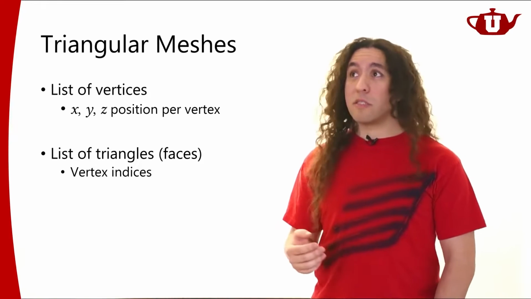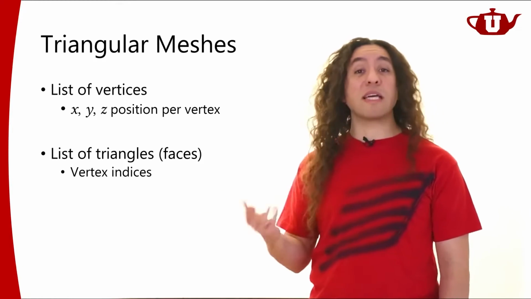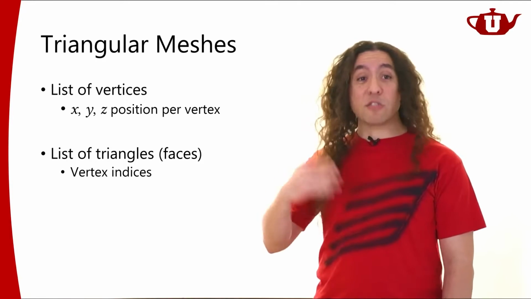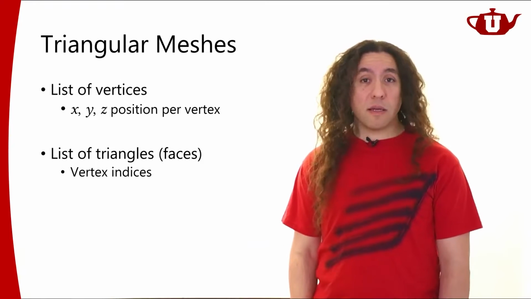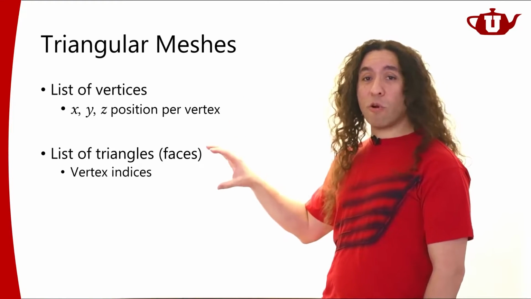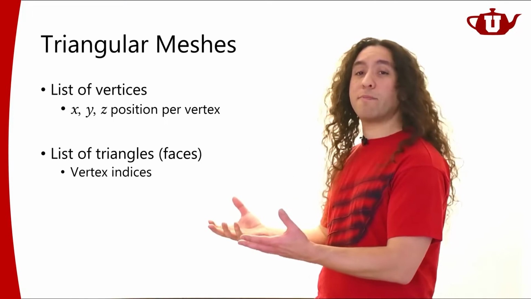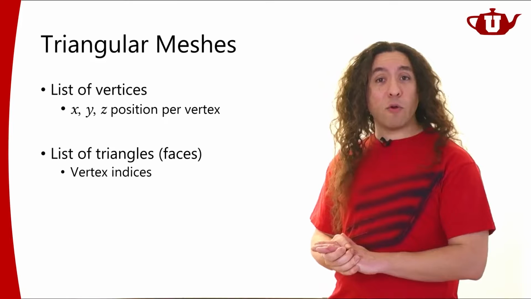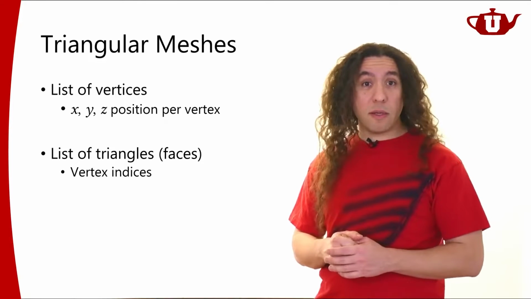On average, a vertex would be shared by about 6 triangles. So if I don't have a list of vertices, but just store a list of triangles that contain all the information that I need per triangle, then I will be duplicating the same data 6 times on average.